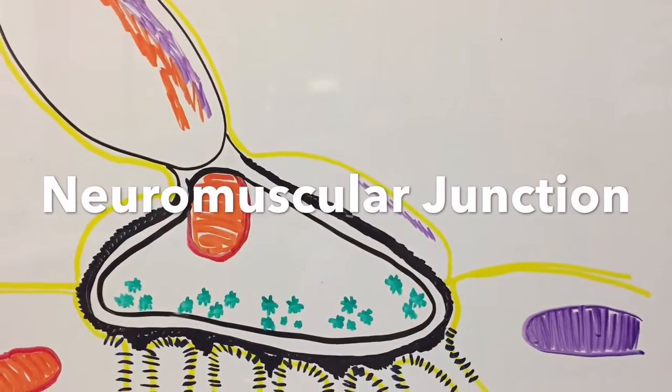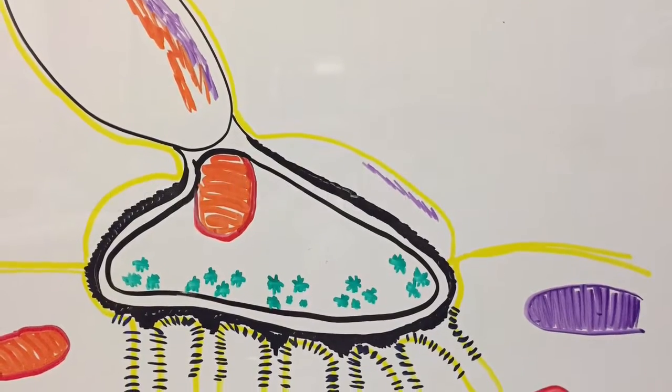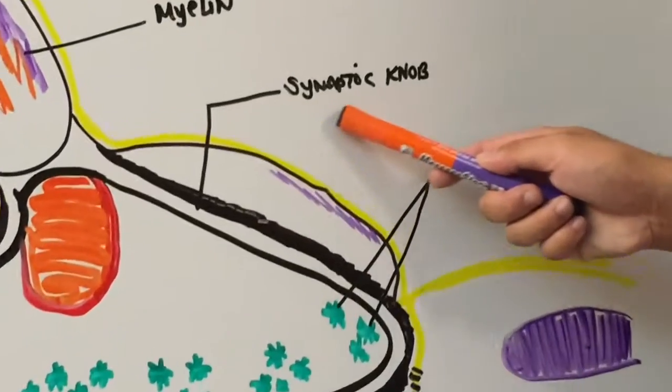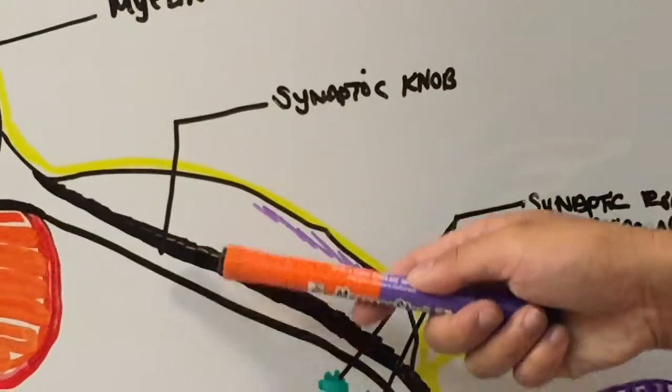Now, we are going to talk about the components of neuromuscular junction. At each synapse, the nerve fiber ends in a bulbous swelling called a synaptic knob.